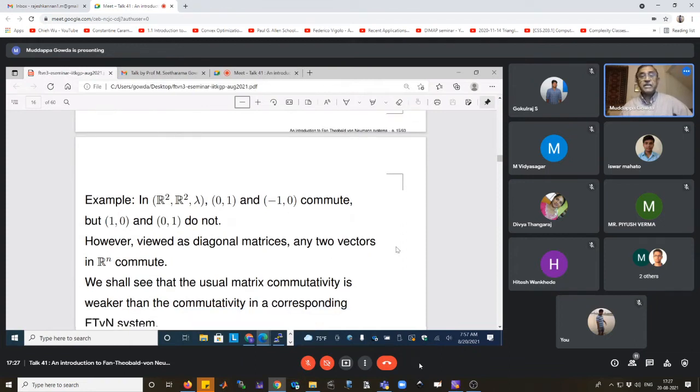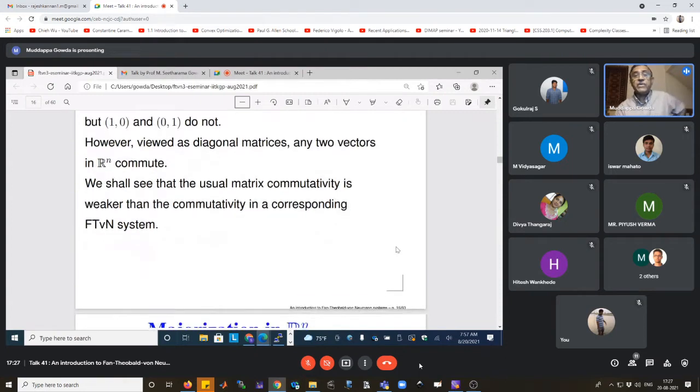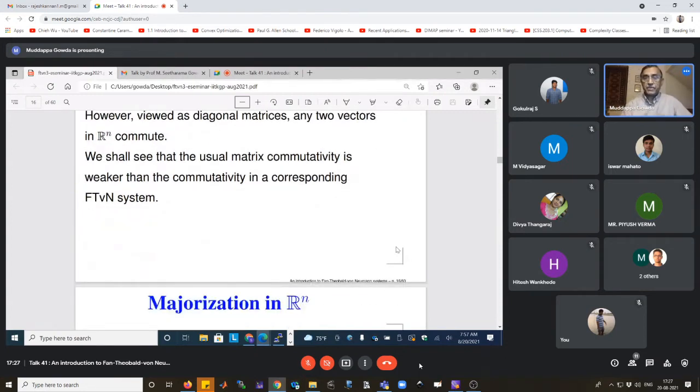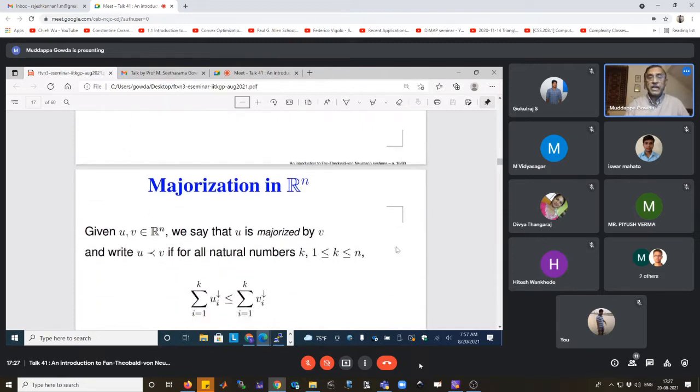Now we shall see that the usual matrix commutativity is weaker than the commutativity in a corresponding FTVN system. Now that we are still working in Rn, I can talk about majorization. All these things can be found in Bhatia's book on matrix analysis. This is not new. This is all classical.